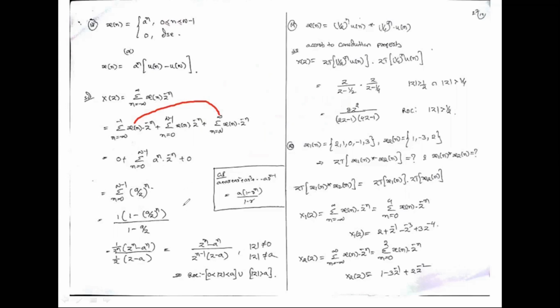Now we can use the same formula that we know, from n1 to n2. What is n1? 0.